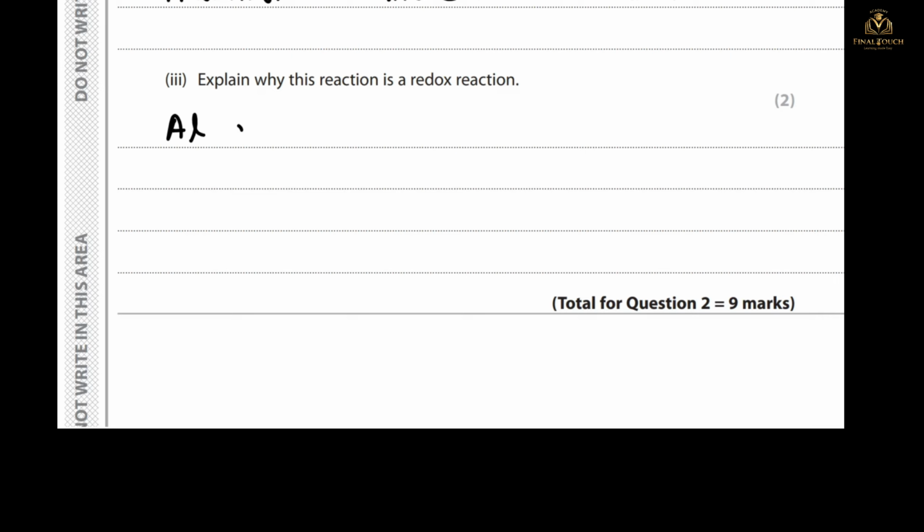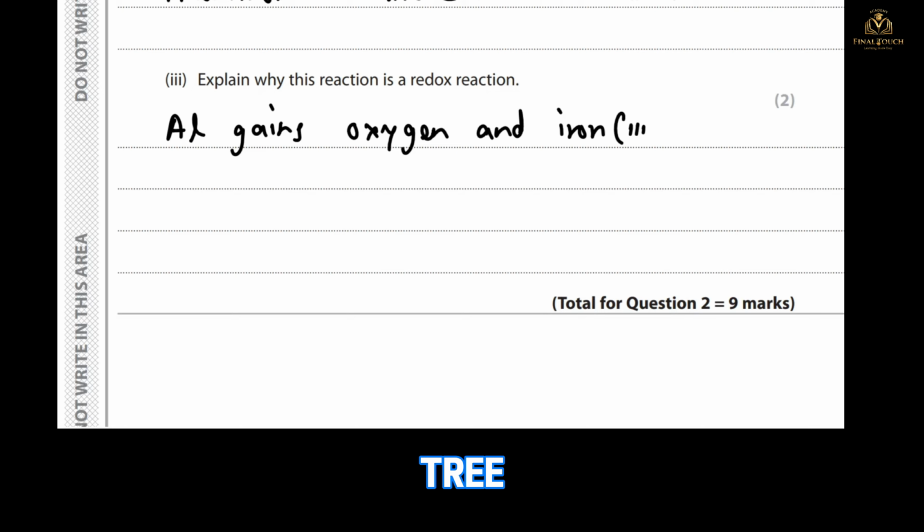Aluminium gains oxygen and iron 3 oxide loses oxygen.